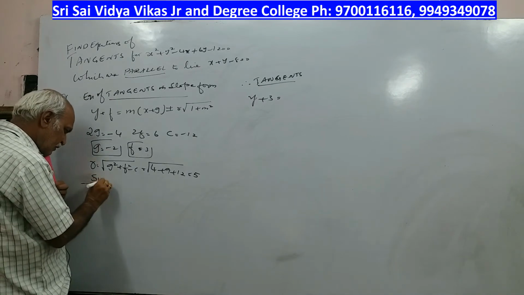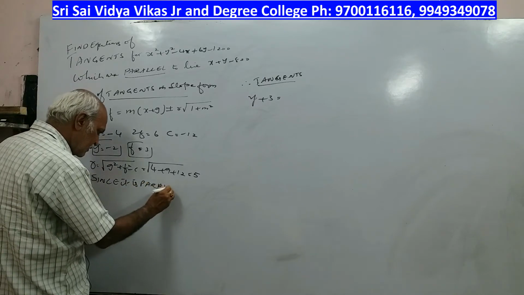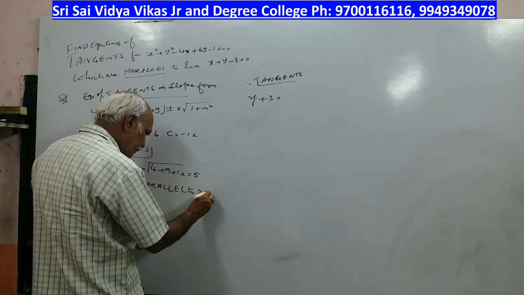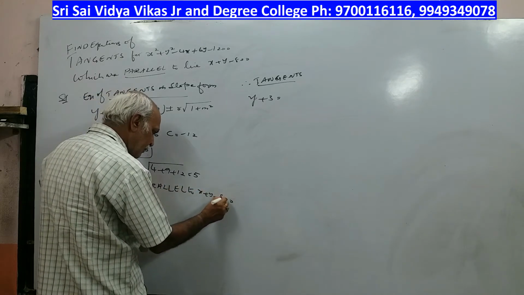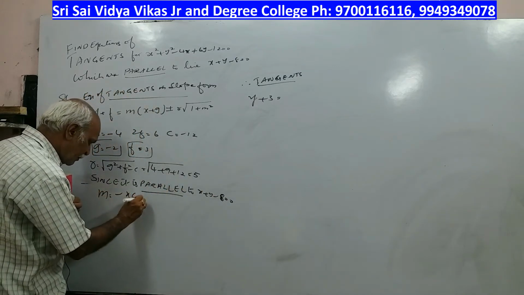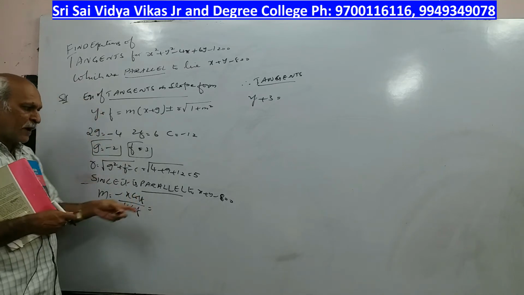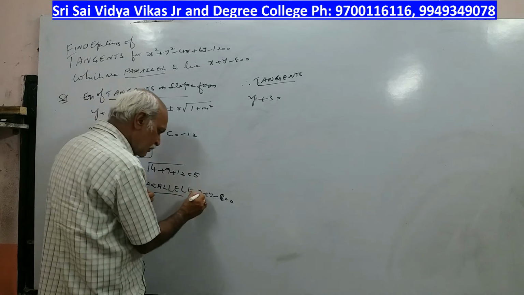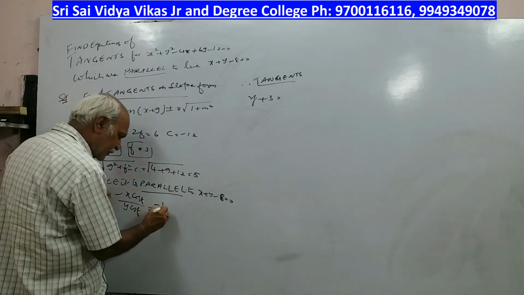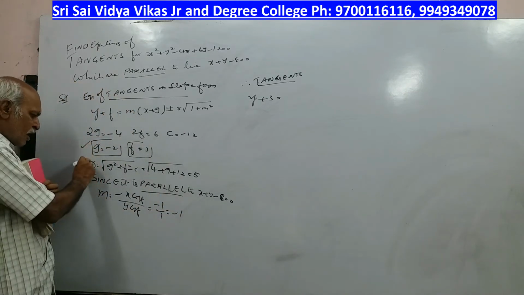Since it is parallel to the line x plus y minus 8 is equal to 0, the slopes are equal. The m value is given by minus x coefficient by y coefficient, which gives minus 1.